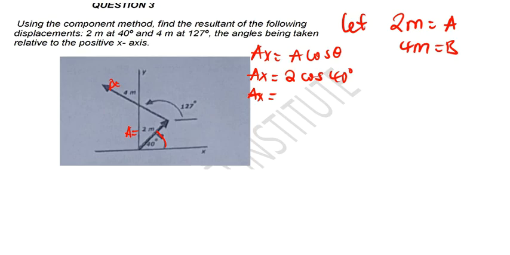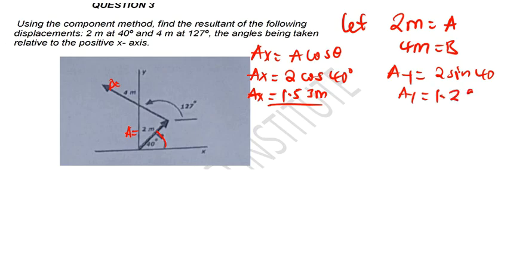The answer is 1.53 meters. What of AY? AY is A sine theta, which is 2 sine 40. That is 1.29 meters.